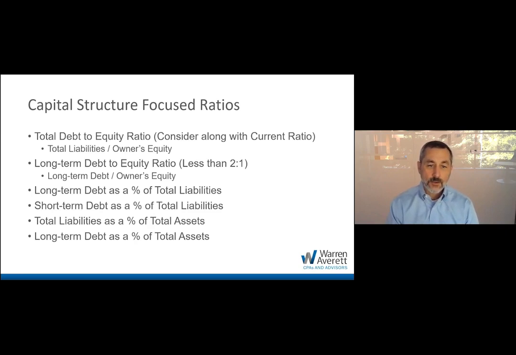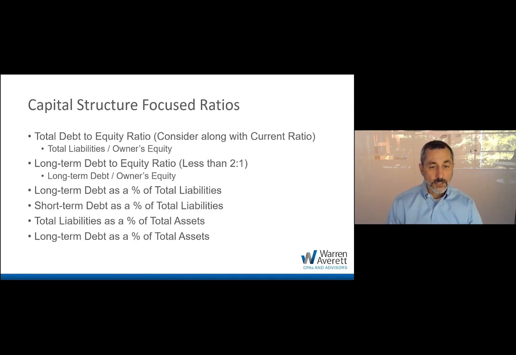And let's talk now about long-term debt to equity. Whereas the first ratio was focused on total liabilities, that would include accounts payable and current liabilities. Here in the second ratio, long-term debt to equity ratio, we're looking really at the long-term sources of capital.